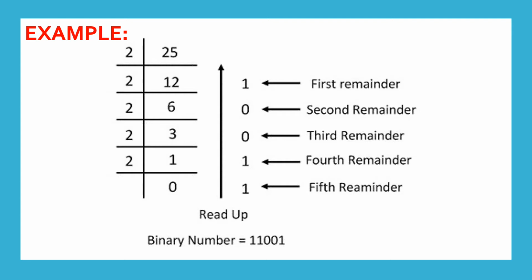We will again divide 12 by 2, quotient becomes 6 and remainder becomes 0. We will keep on doing this until our quotient becomes 0. The last step is to record all the remainders from bottom to top. So the conversion becomes 1 1 0 0 1.